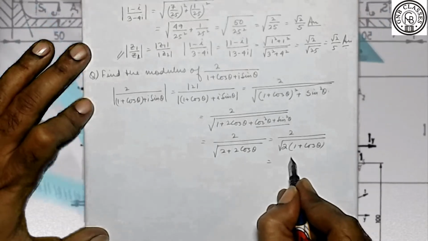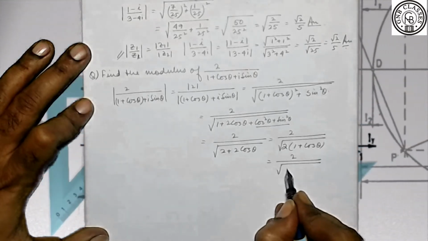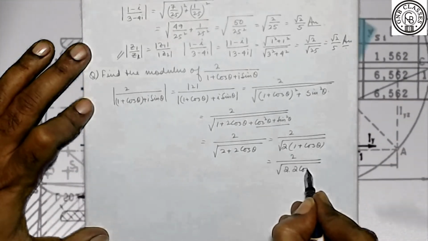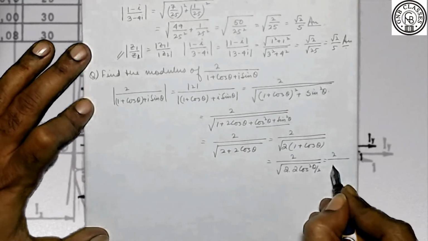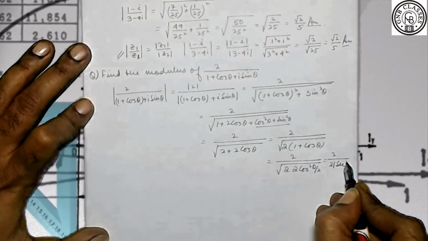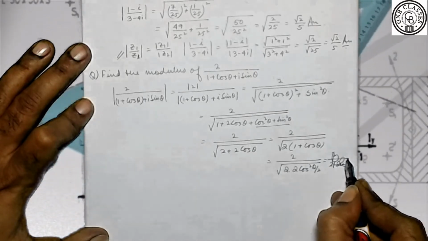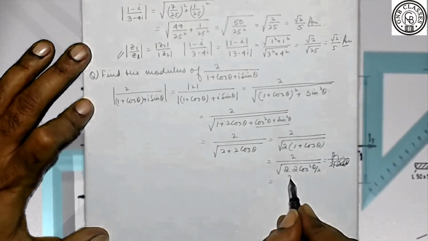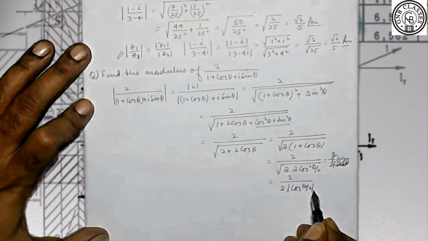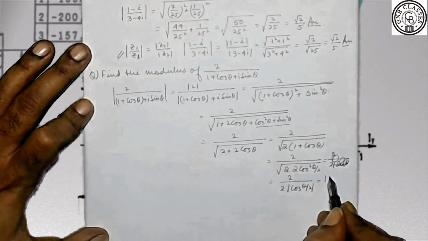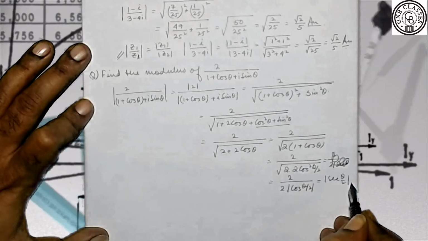(1 plus cos theta) can be written as 2 cos square theta by 2. So that gives us mod of cos theta by 2, and overall mod of sec theta by 2.